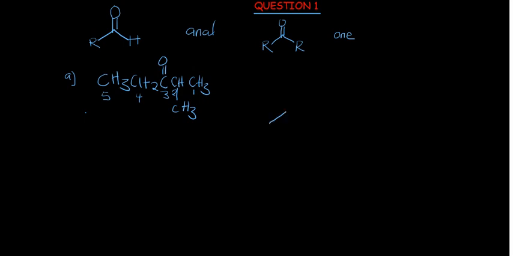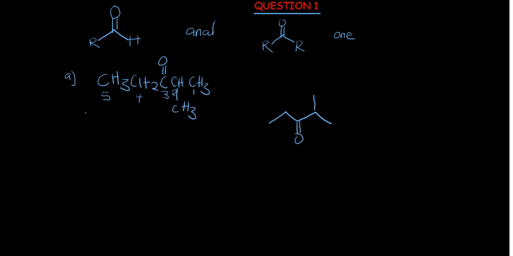So we're going to draw 1, 2, 3, 4, 5. Then we can see that on carbon number 2 we have a methyl, so we'll draw a methyl. Then on carbon number 3 we have a carbonyl group, so we'll draw it here.